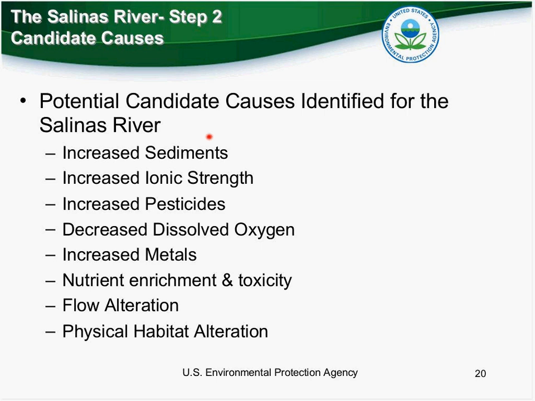About 7 people identified the likely causes for the biological impairment in the lower reaches as increased sediments, increased pesticides, decreased dissolved oxygen, increased nutrients and toxicity, fluorations, and physical habitat alterations. So pretty much all the major players one would expect to see when you have bad biology.